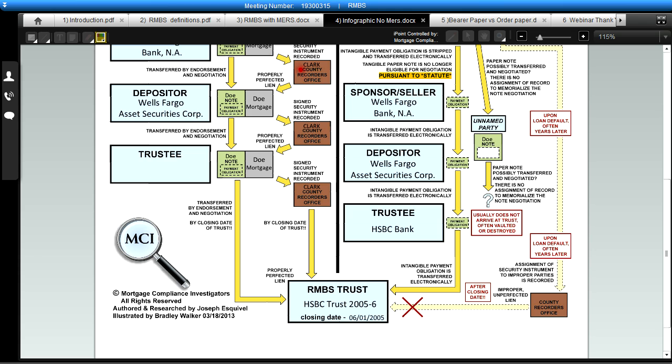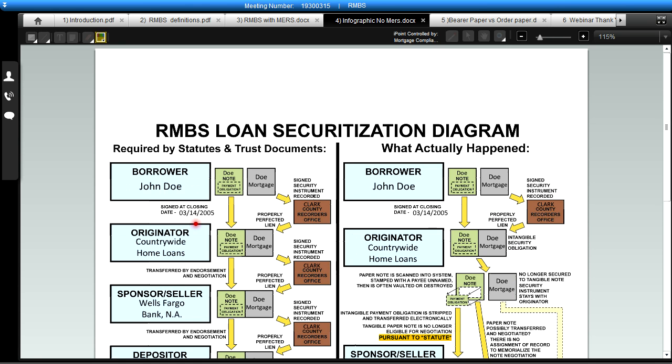So this is what is to happen. This is what it says is to happen in the pooling and servicing agreements. It says that these are to be arm's length transactions. All right?